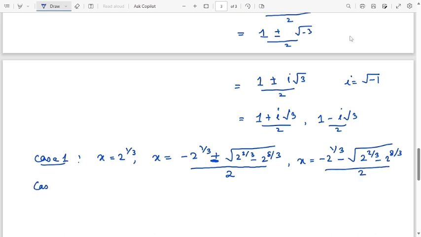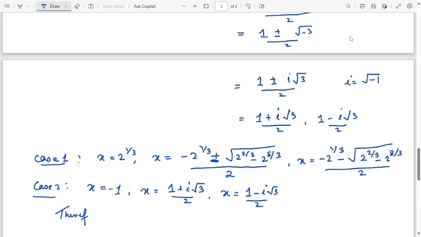And for case 2, very easy: x = −1, then x = (1 + i√3)/2, or x = (1 − i√3)/2. Therefore we have six solutions for our equation.